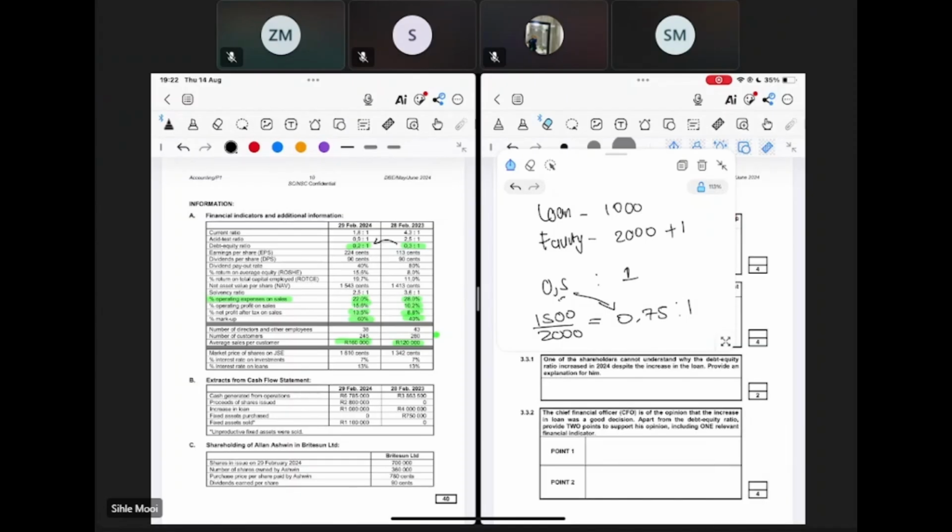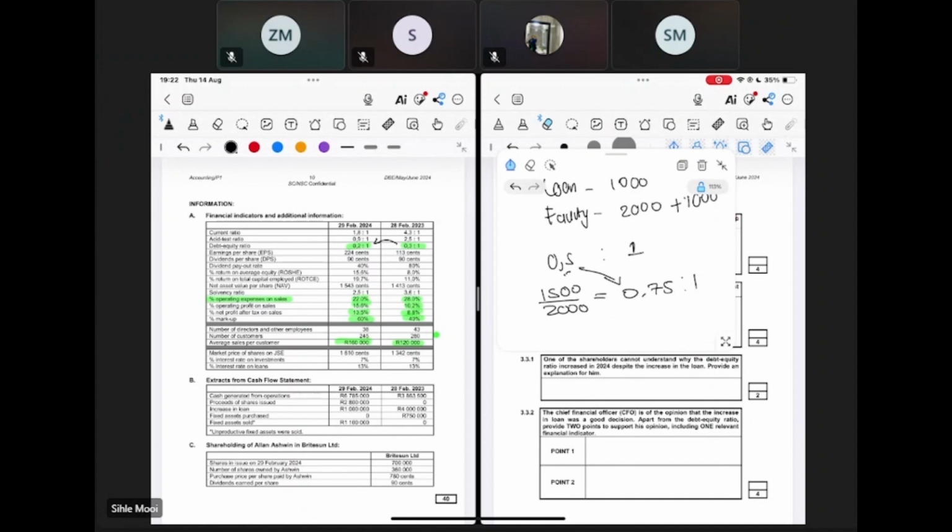Let's say our equity had increased by 1,500. So now it's no longer 1,500 divided by 2,000. It's 2,000 plus 1,500, so that'll be 3,500. So now the debt to equity ratio is 1,500 divided by 3,500, and that gives us 0.42.